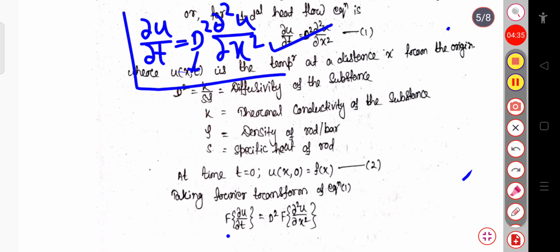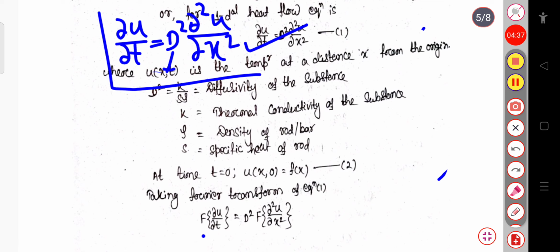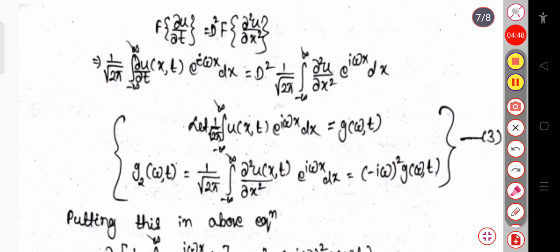So simply taking D² outside, this will be the Fourier transform of ∂²u/∂x², and this is the Fourier transform of ∂u/∂t. Here you can see how we write the Fourier transform equation: simply 1 by root over 2π, integration from minus infinity to plus infinity of ∂u/∂t. Here u is a function of x and t.